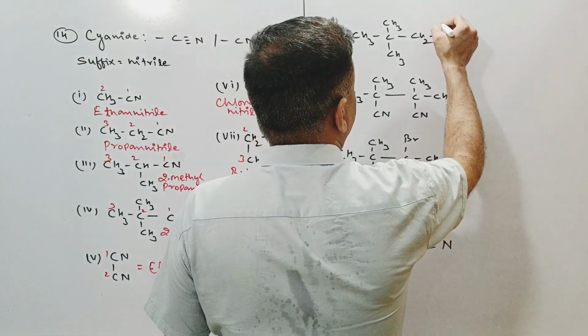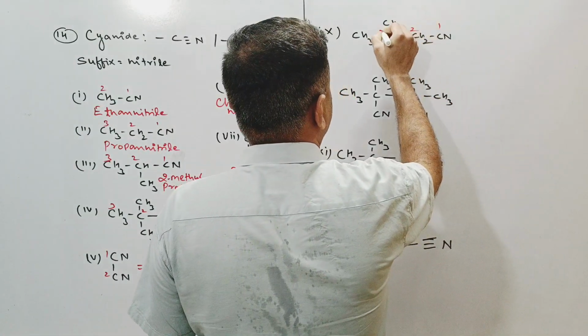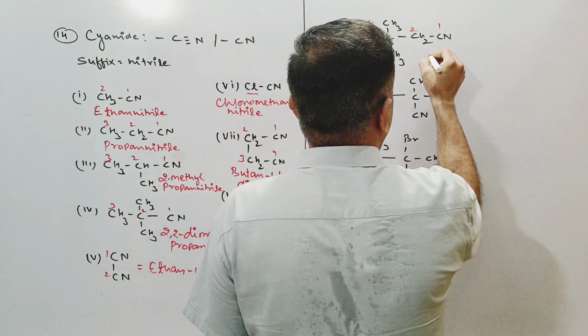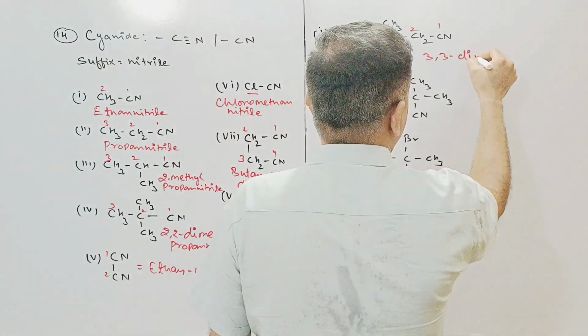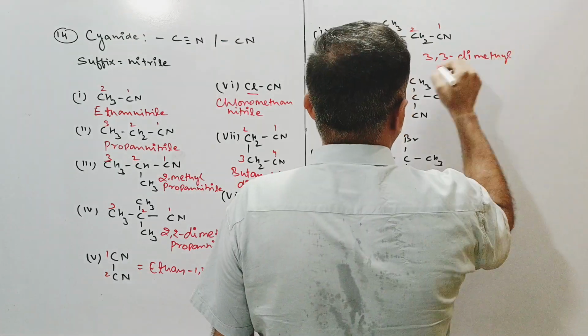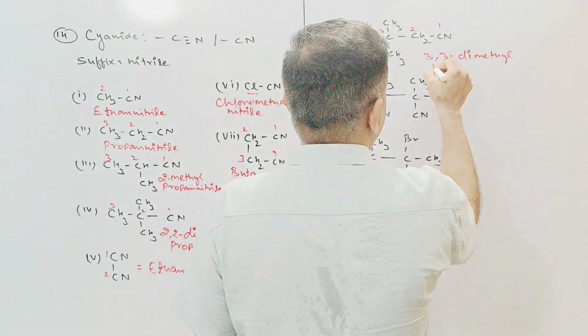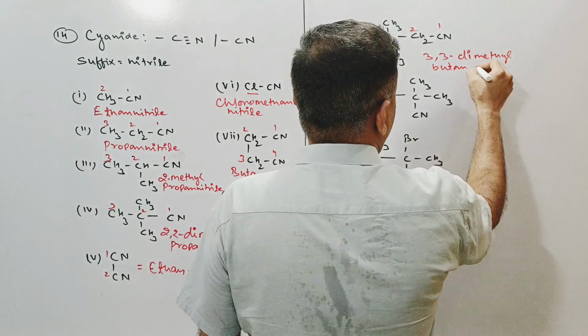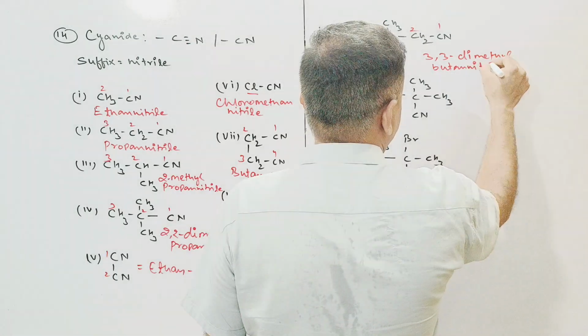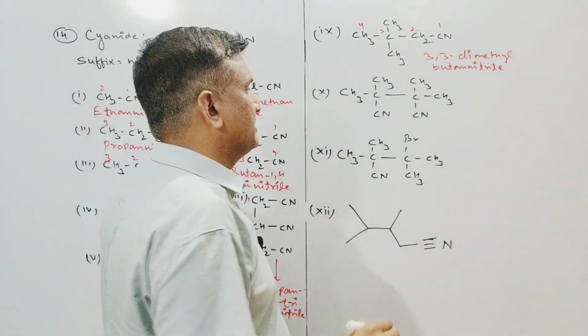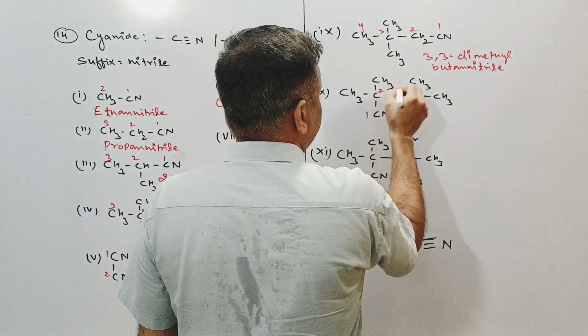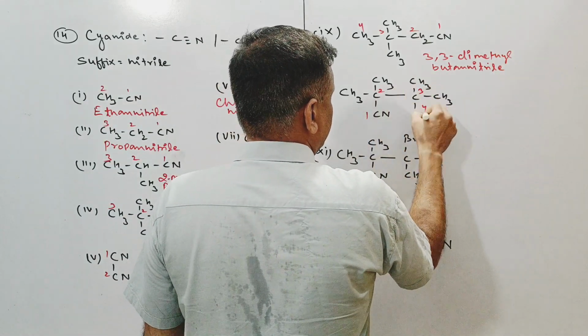Now for this it will be 1, 2, 3 and 4. Over the number 3 carbon atom there are 2 methyl, so 3, 3 dimethyl. There are 4 carbon in the chain, so you will call it butane, and nitrile will be the suffix for the compound. If we go with the 10th compound, then we can take the chain 1, 2, 3 and 4.